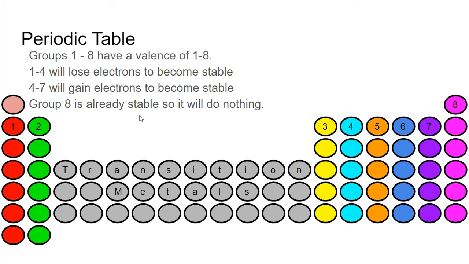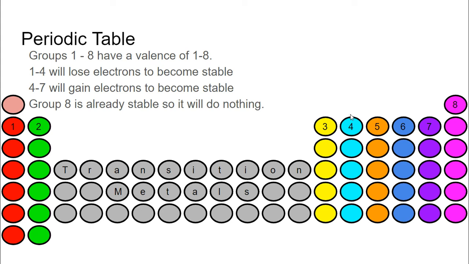Now, for groups 1 through 8, we have some properties to keep in mind. Group 1, 2, 3, and 4 are going to lose electrons to become more stable. They lose electrons from their valence shell. That's going to be the outside electron shell of the atom. And they're going to become more positive as they lose electrons.